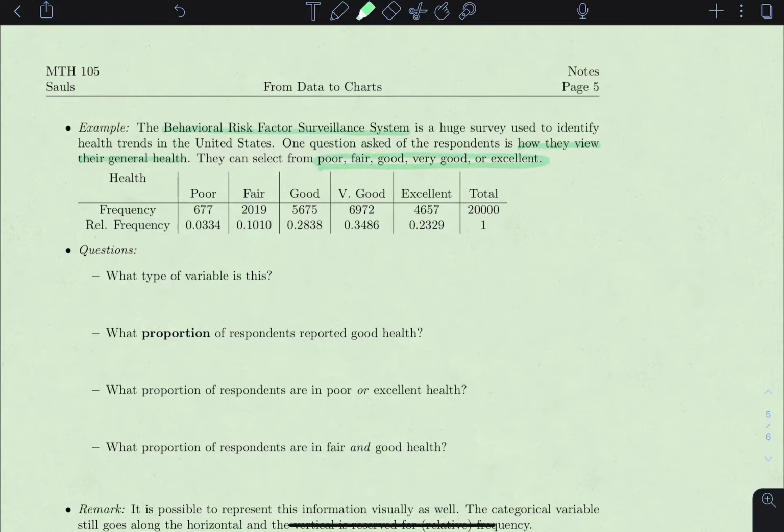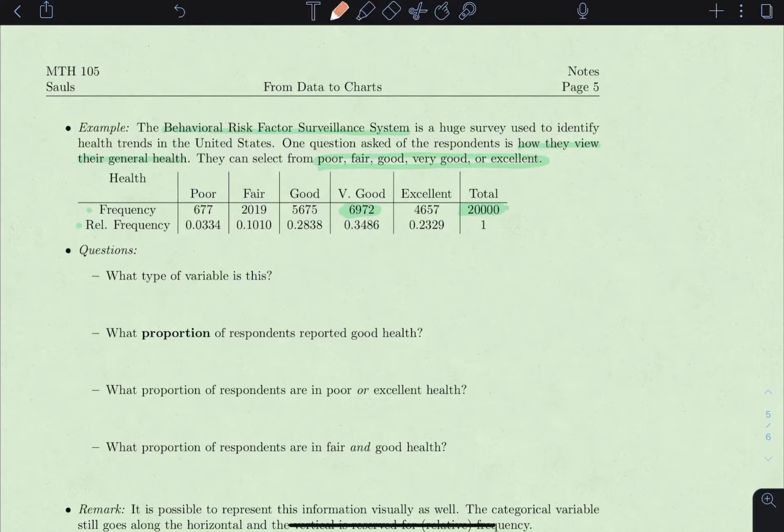And so from the table, we can see, first off, that we have 20,000 respondents. And then, to look at an individual number, 6,972 of them responded that they were very good. And we have here, that's frequency. We also have relative frequency.